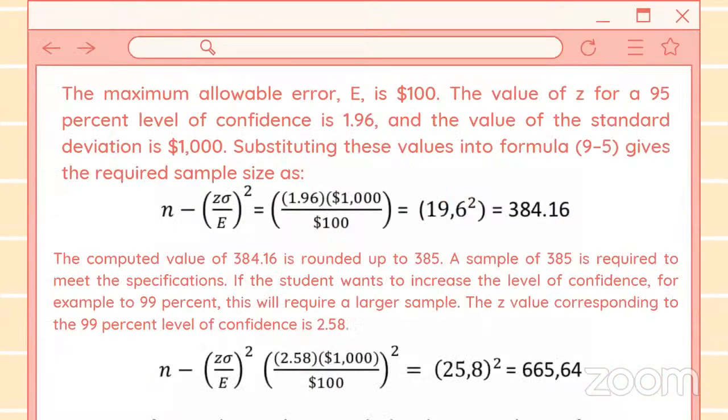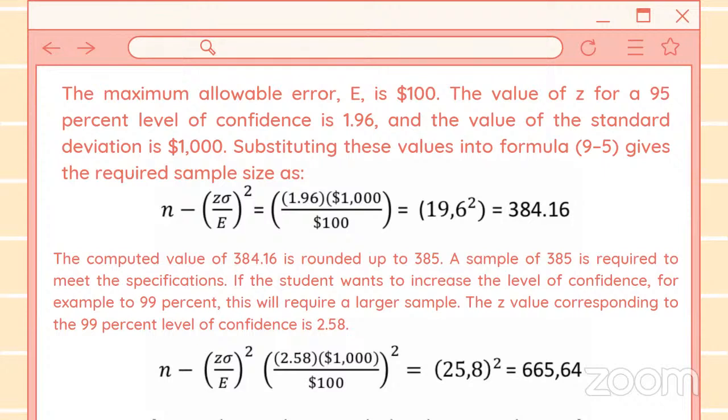The maximum allowable error, E, is $100. The value of C for a 95% level of confidence is 1.96, and the value of the standard deviation is $1,000. Substituting these values into formula 9-5 gives the required sample size as shown in the video.